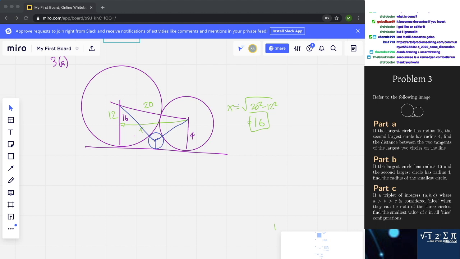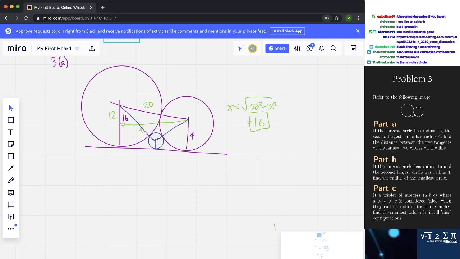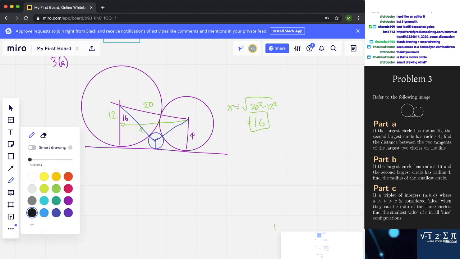Smart drawing doesn't even really work well, which is pretty sad. Okay, and back to the problem. So what am I doing? Miro has this option that I can use for smart drawing. Let me show you guys. If I use the pencil tool, I can turn smart drawing on or off.